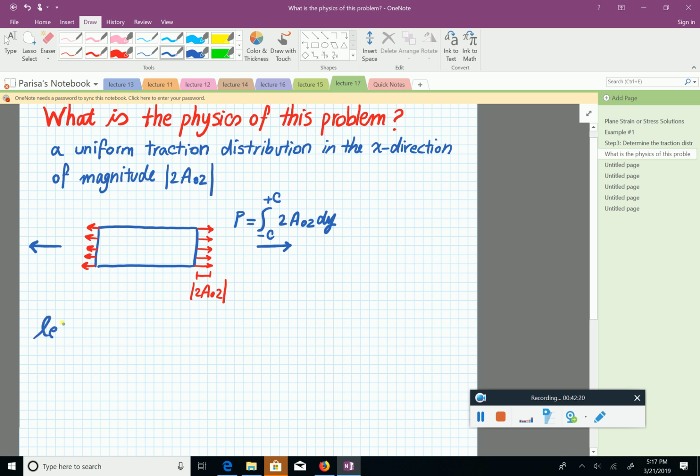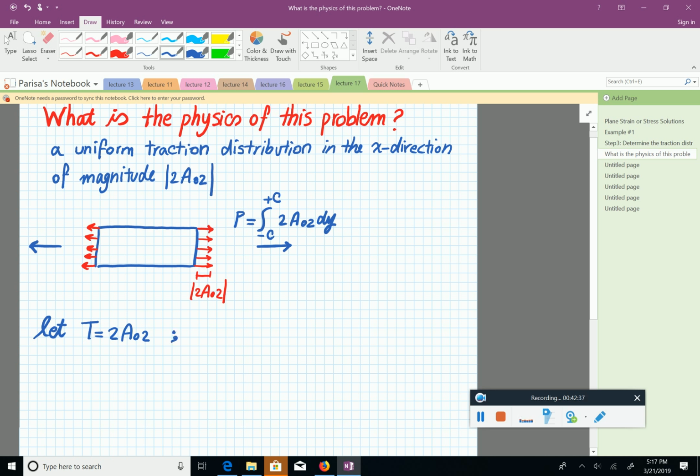We are not done. Now we have to go to where I told you to go a few minutes ago. Now that we have figured this out, let's take that t is equal to 2 times a0t.